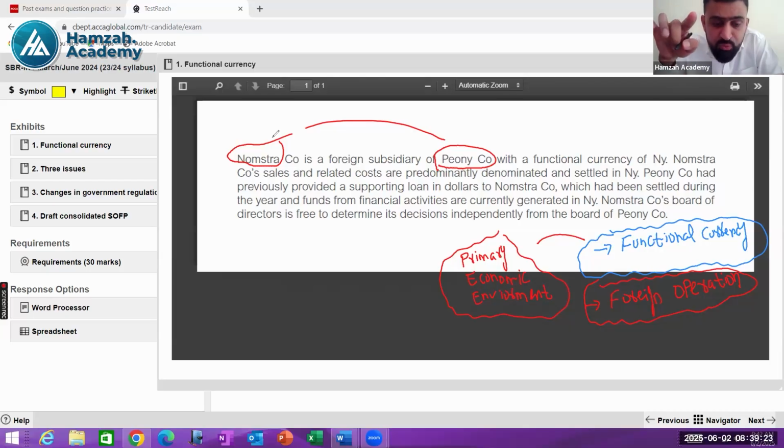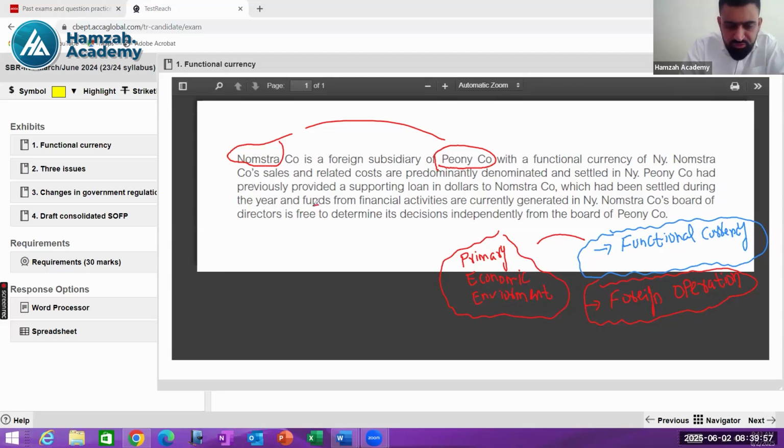Now we need to consider whether in this case the Nomestra company is just an extension of the parent company, or an independent company with the full authority to take its own decisions. The fact in the question is that the Nomestra company generates its finance on its own.